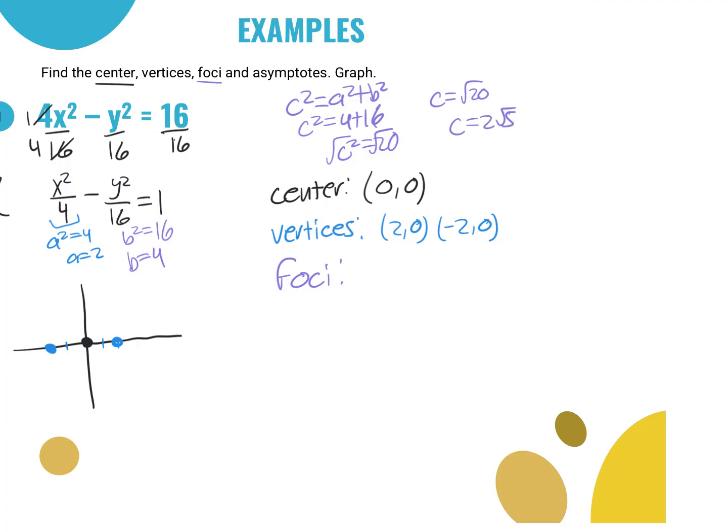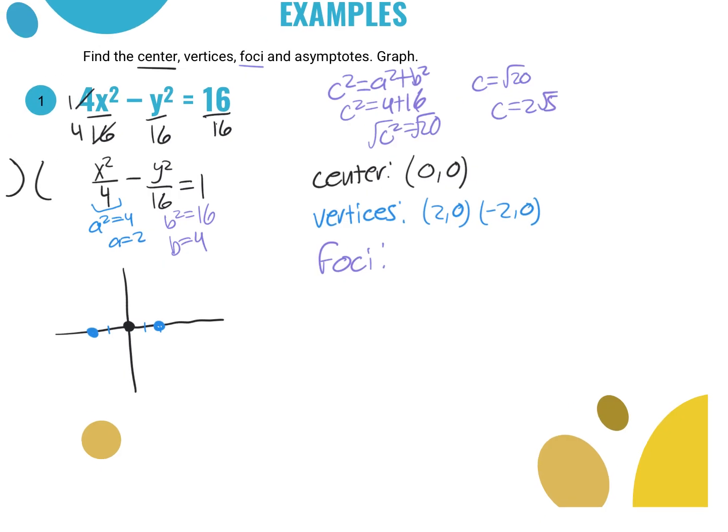All right? So that means from our center, we're going to be 2 square root of 5 units from there, right, to the left and the right. I would look at the square root of 20 and estimate, right? It's between the square root of 16 and the square root of 25. Which means it's between 4 and 5. So I'm going to go about 4.5 units over, right?